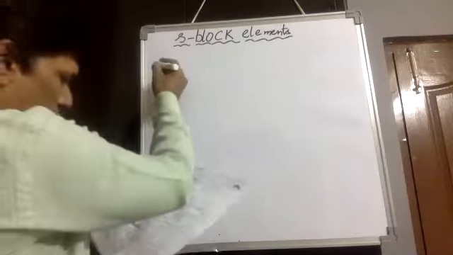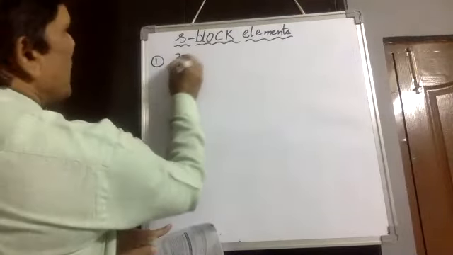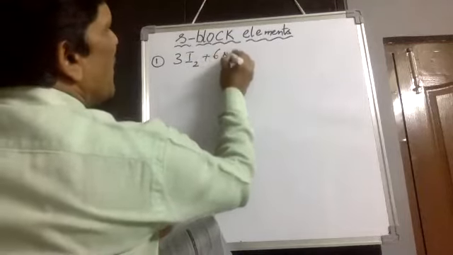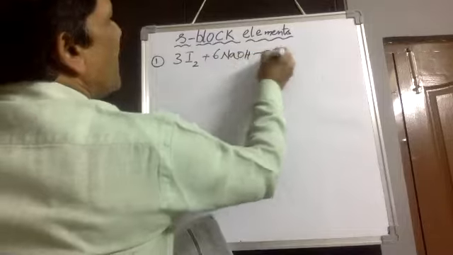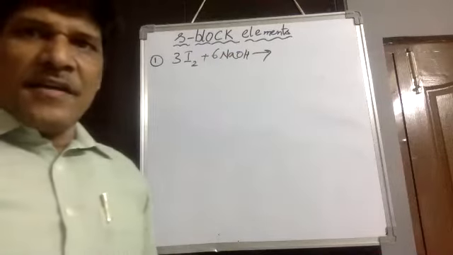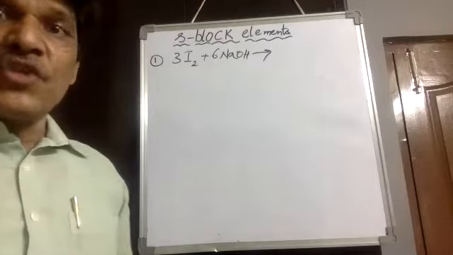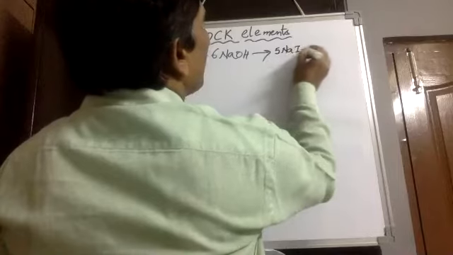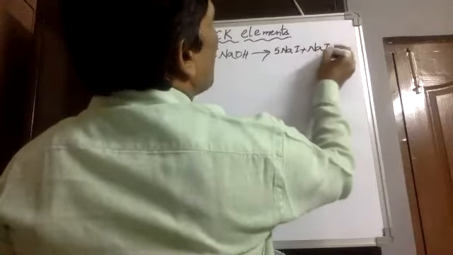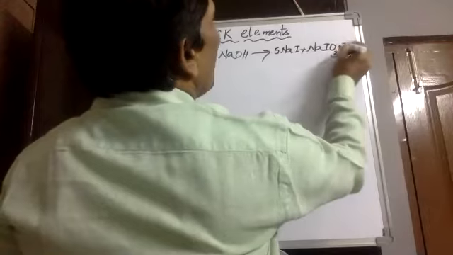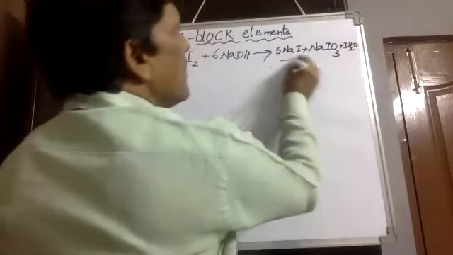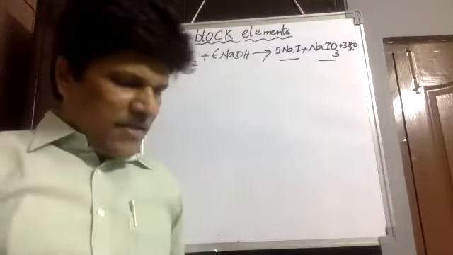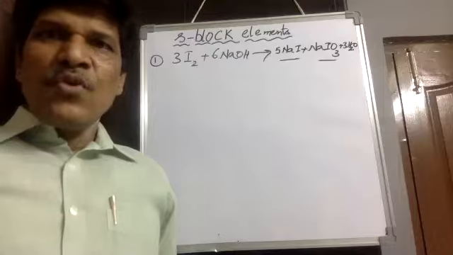So the first question is iodine with hot and concentrated caustic soda, that is sodium hydroxide. 3 moles of iodine react with 6 moles of sodium hydroxide to give 5 moles of sodium iodide plus sodium iodate, NaIO3, plus 3H2O. Therefore, the important products are sodium iodide and sodium iodate. Option B is correct for question number 1.